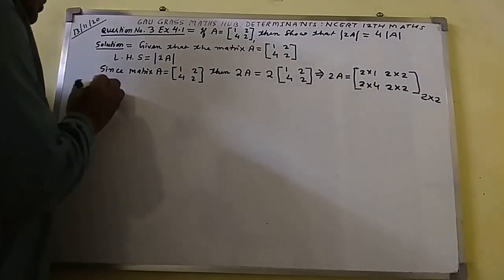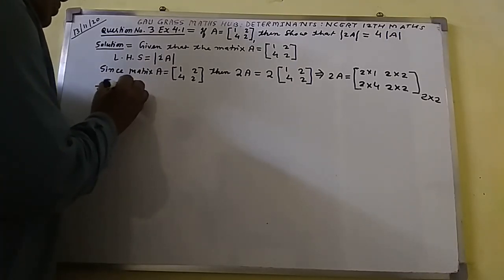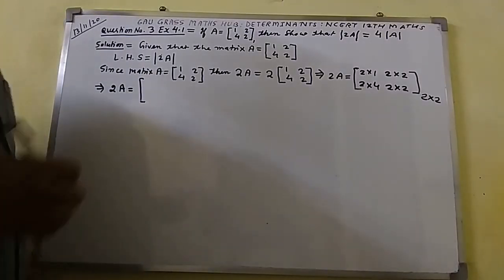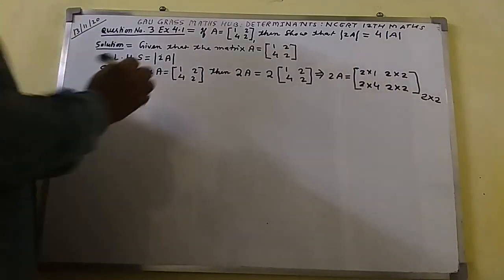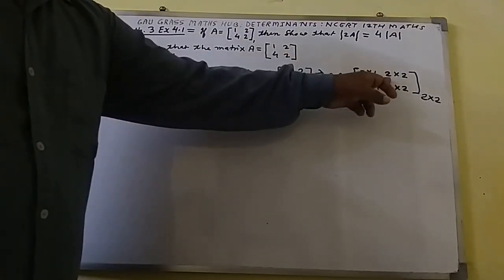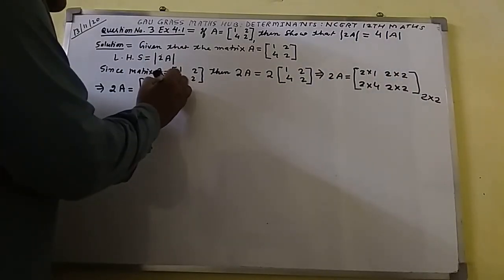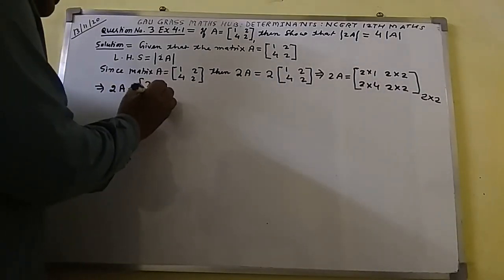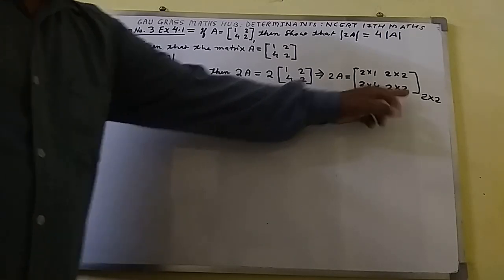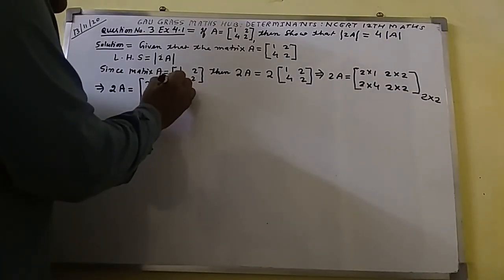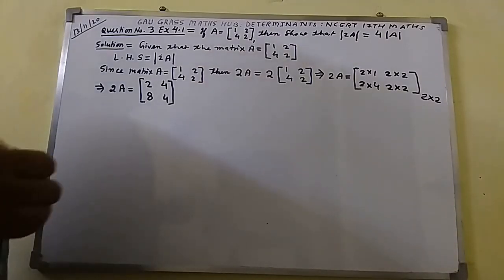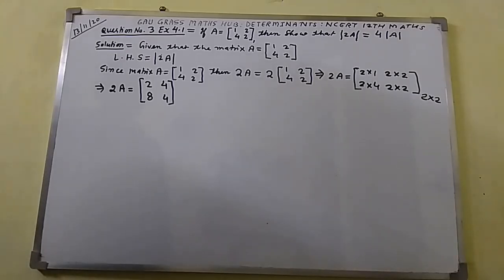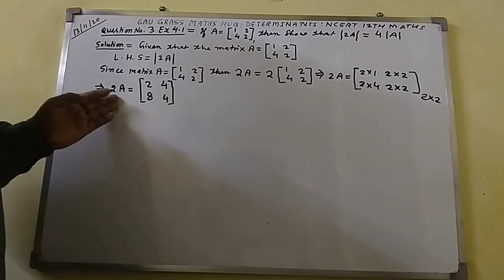So 2A equals the square bracket with 2 times 1 is 2, 2 times 2 is 4, 2 times 4 is 8, and 2 times 2 is 4. Here you have got the matrix 2A.